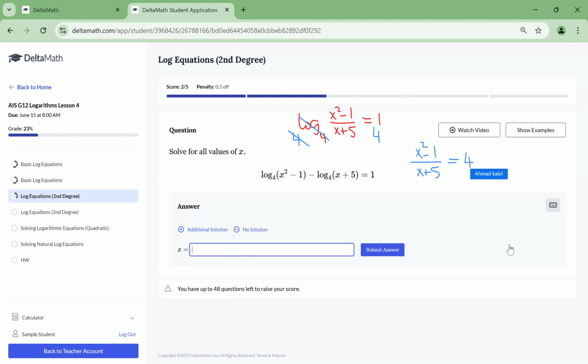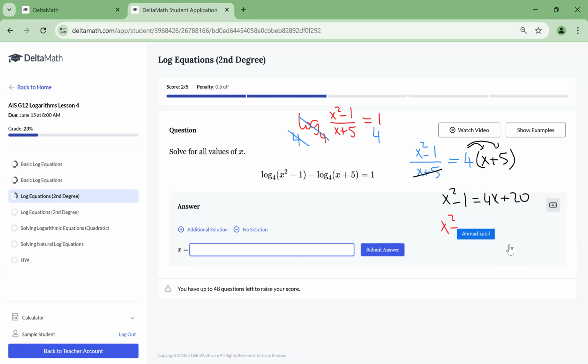You can take the denominator to the right. So 4 times x plus 5. And we can distribute the 4. This gives us x squared minus 1 equals 4x plus 20. We take everything to the left-hand side.